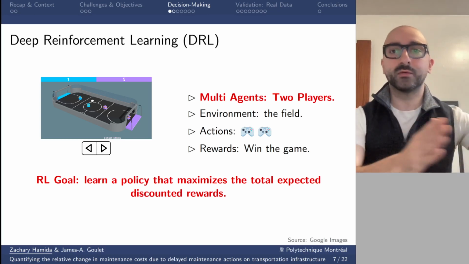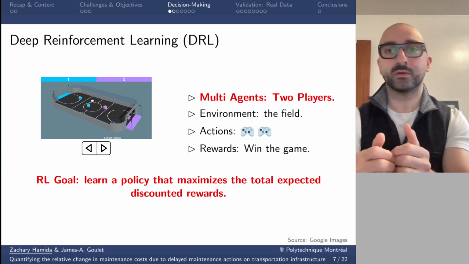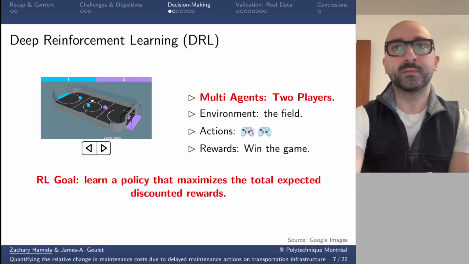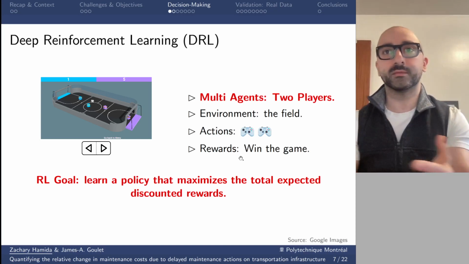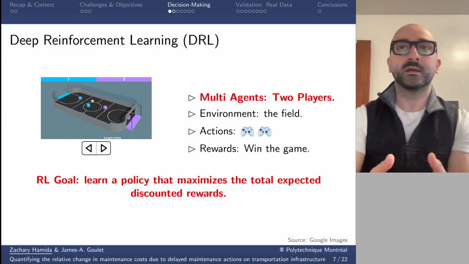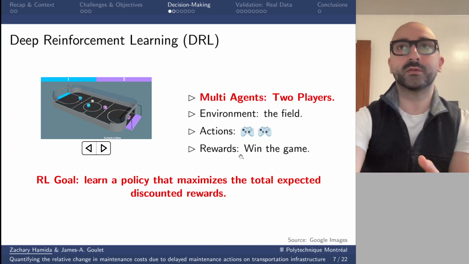Each has their own set of actions, movement or shooting the ball or whatever. That's why you see that here we have two controllers represented, and the rewards basically would stay the same. The end goal is to win the game and learn a policy that maximizes the total expected discounted rewards.